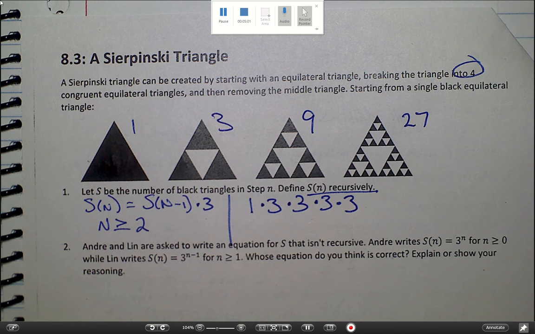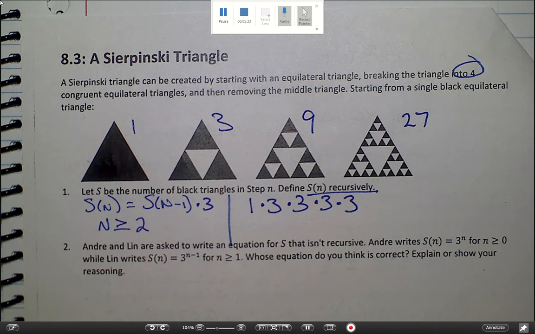This is super important to understand. If it is repeated multiplication, what is that actually going to be? Exponent. Very good. Repeated multiplication is an exponent. Repeated addition is multiplication. Repeated multiplication is exponent.